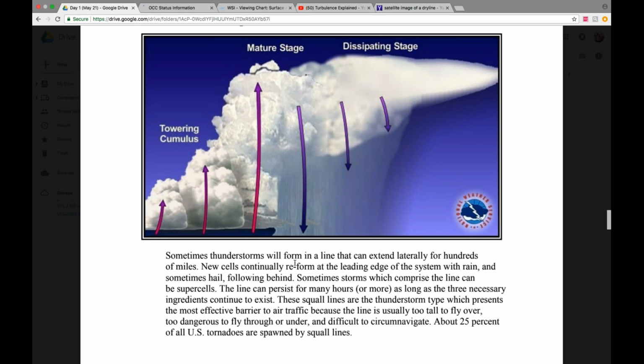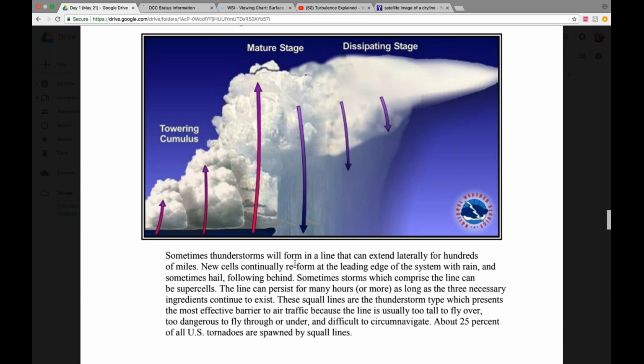Like I said before, the air mass thunderstorms are typically what we're going to see over mountainous states, so more the western states. But in the central United States, we tend to see these squall lines form. Well, I mean, you guys have seen the news.